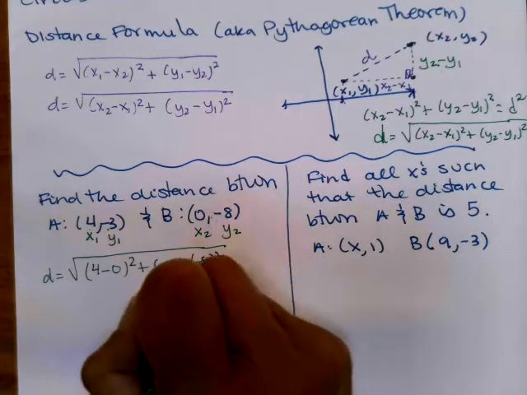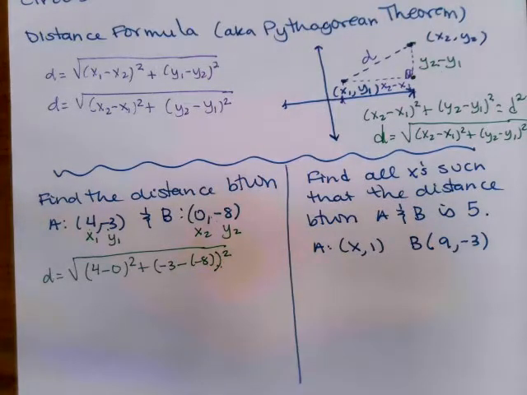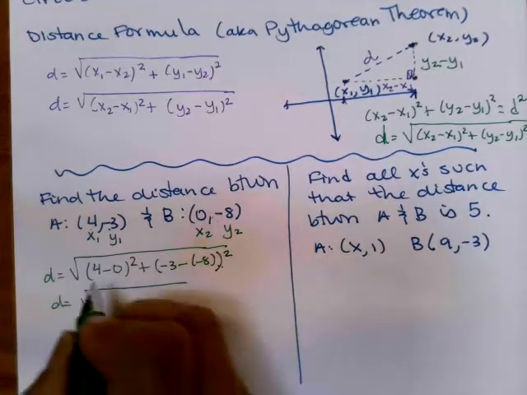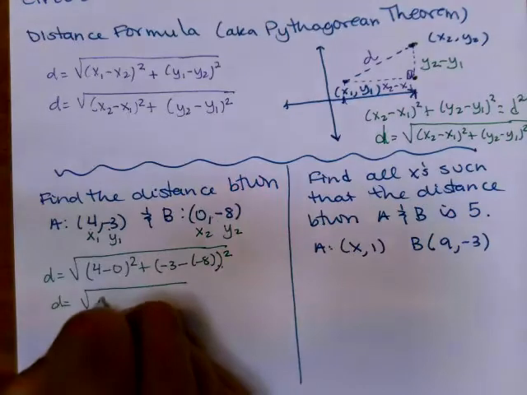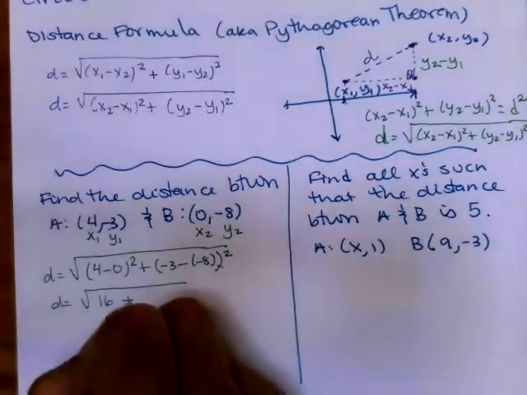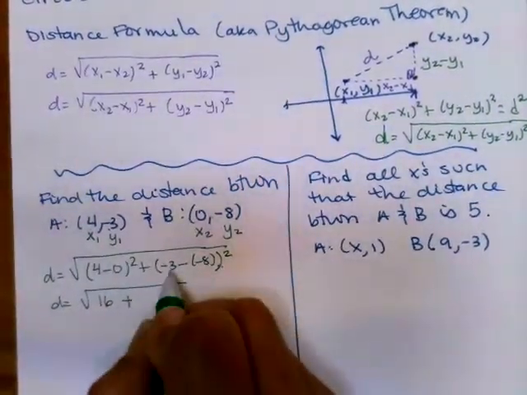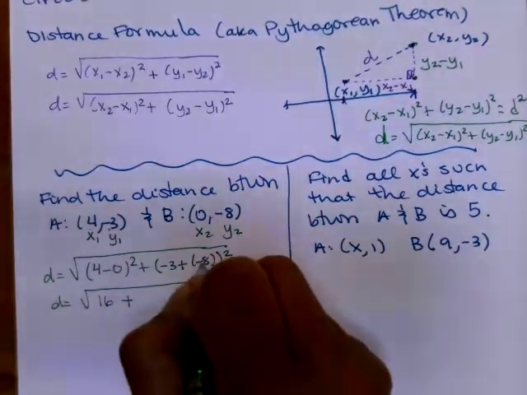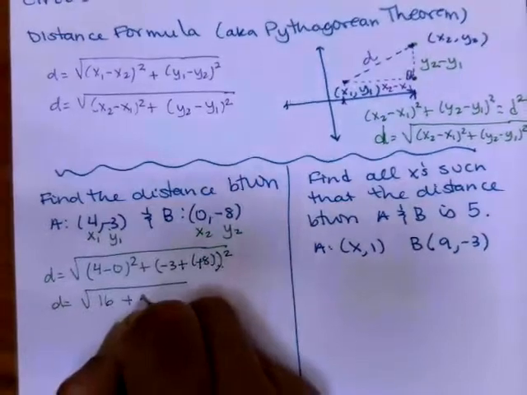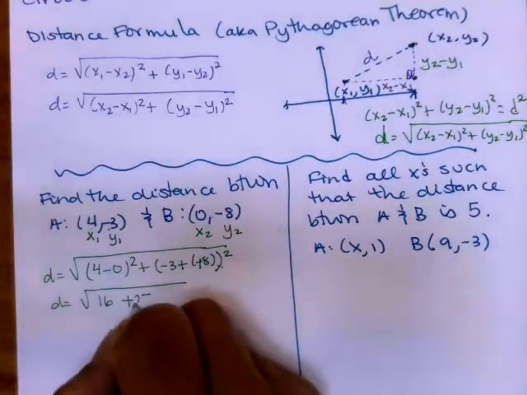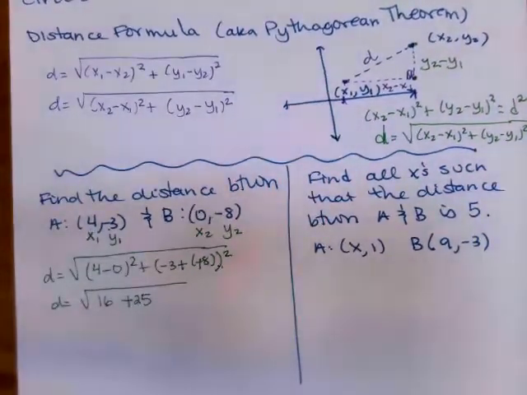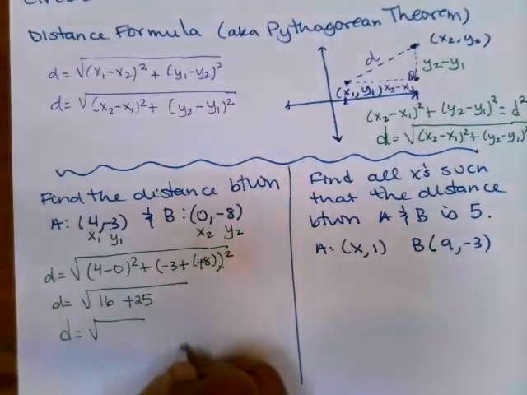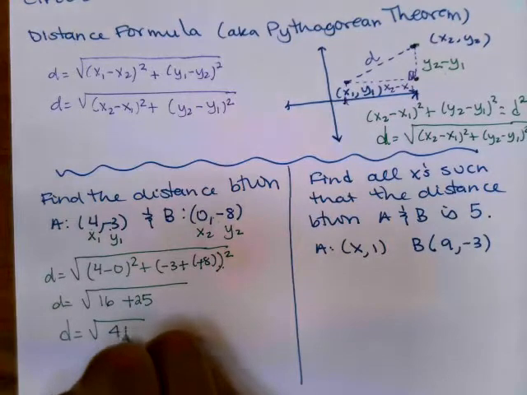I'll close the parenthesis for the subtraction, square it. So we'll do the math inside. 4 minus 0 is 4 squared, so 16. The second one, I'll have to think a little bit harder. I have -3 minus -8, so that'll be plus 8. That'll give me 5 squared. Oh, that's 25. Okay. So I have d equals the square root of 41.